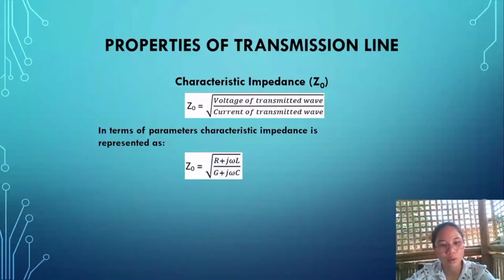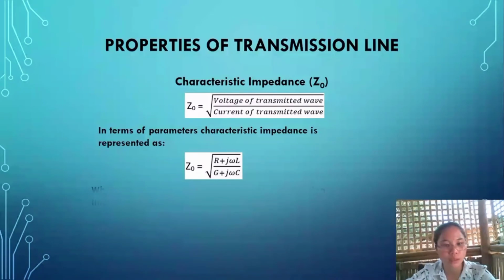Z sub O equals the square root of (R plus jωL) divided by (G plus jωC).